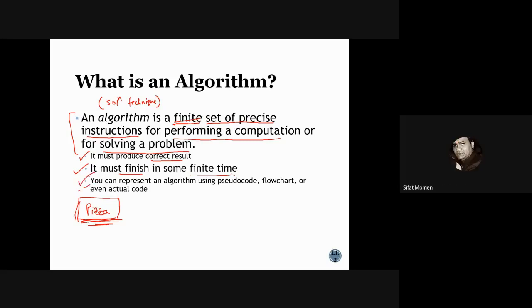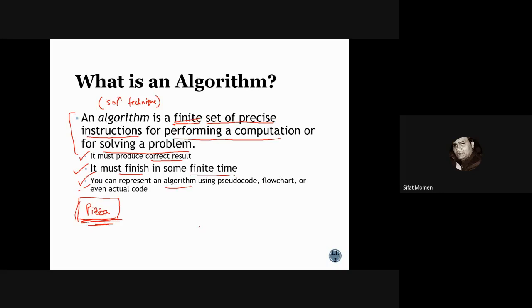And the third important property that an algorithm has is that, as we discussed a little while back, an algorithm is a solution technique to a problem. Now you need to be able to express this solution technique in some possible way. It turns out that you can express an algorithm in a number of ways.